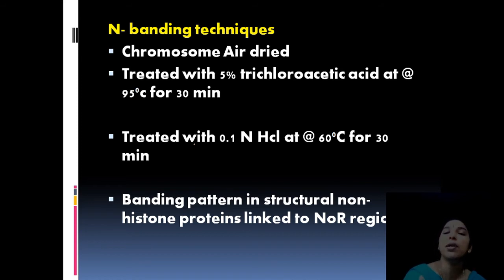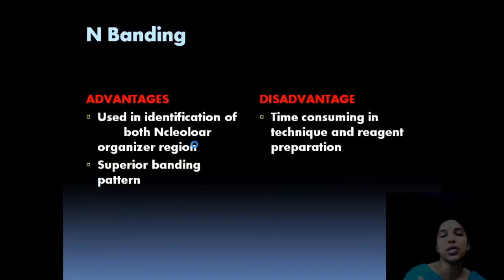Here the pre-treatment with trichloroacetic acid and also HCl is applied. It is very important, specific regions can be exposed. The advantage is identification of the nucleolar organizer region and a superior banding pattern, and the disadvantage is it is a time consuming technique, and reagent preparation and everything is difficult in N-banding.